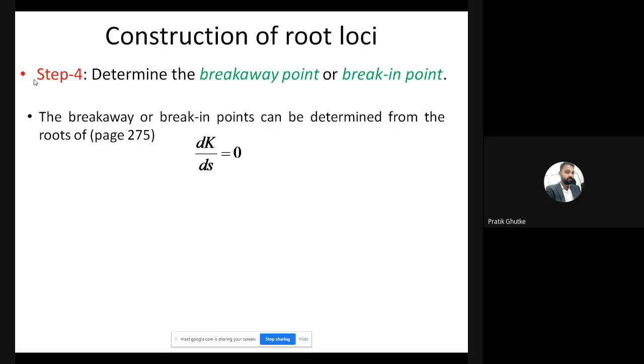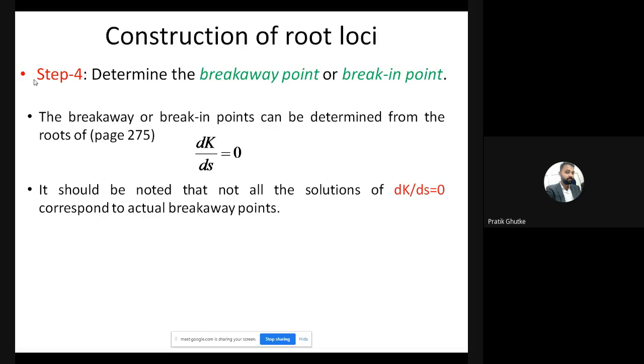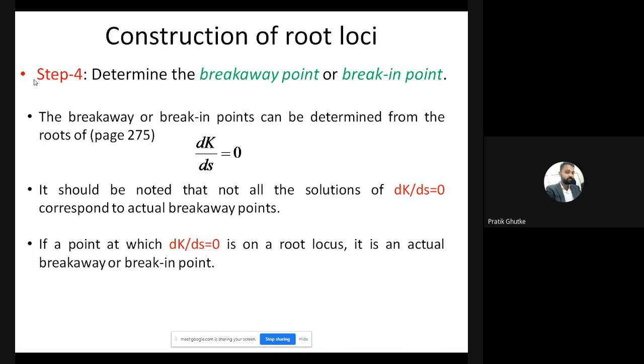I told you yesterday that for calculation of the breakaway point, I have to take the characteristic equation, and from that separate the value of k, and then differentiate: the derivative of k with respect to s will be equal to 0. It should be noted that all the solutions of dk/ds equal to 0 correspond to the actual breakaway point if they are on the root locus.